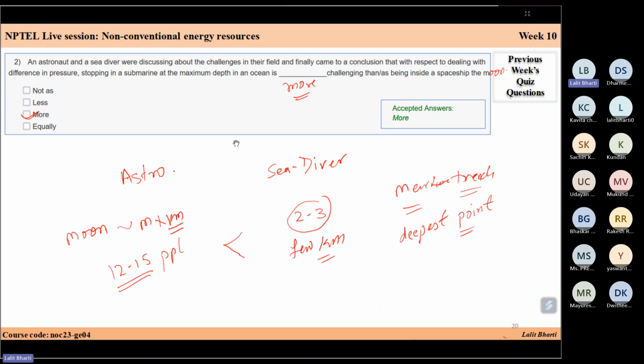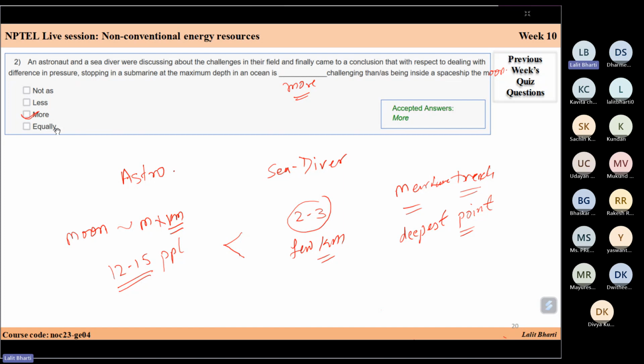Then we have question two. An astronaut and a sea diver were discussing the challenges in their fields and came to a conclusion that, with respect to dealing with different pressure, staying in a submarine at a maximum depth of an ocean is more challenging than being inside a spaceship at the moon.